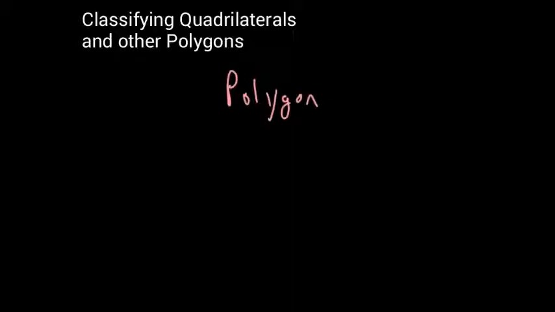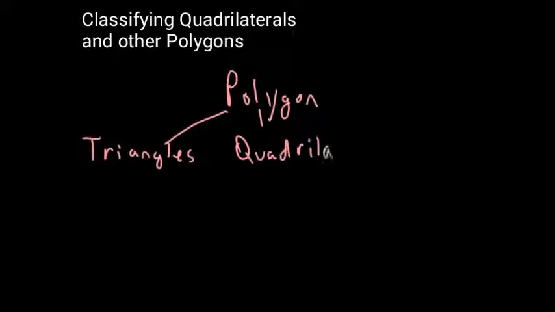So some of the polygons you already know are triangles, and that's a three-sided shape. And then a four-sided shape would be a quadrilateral. And then we just keep growing from there. So a five-sided shape would be a pentagon.